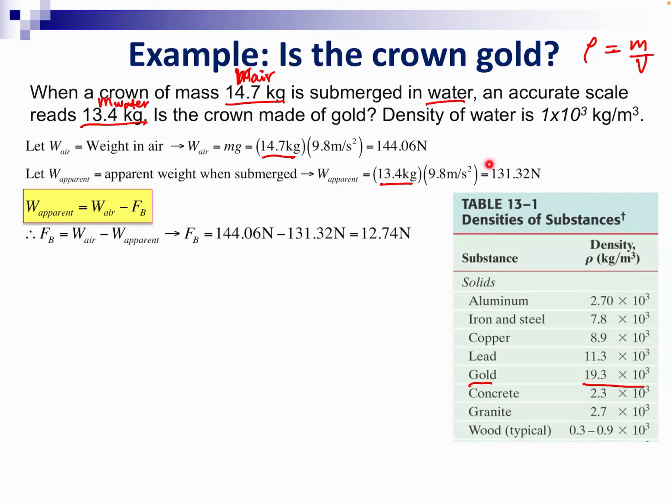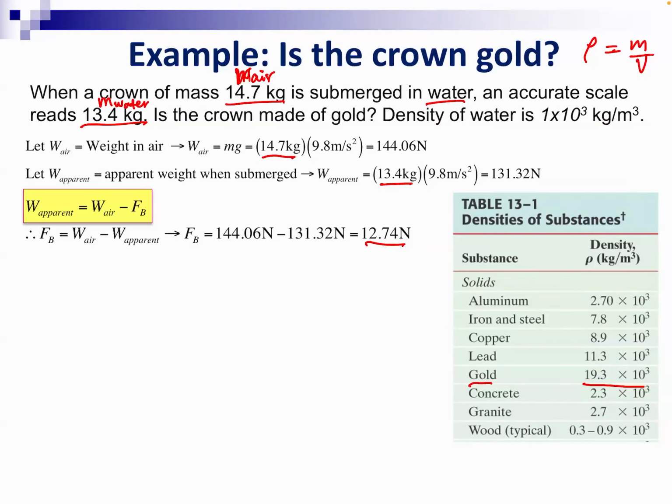There's a difference in the weights in air and in water, and that difference is the apparent weight loss, and therefore we can find the buoyancy force exerted by water on the submerged crown. The buoyancy force we can determine is 12.74 newtons.